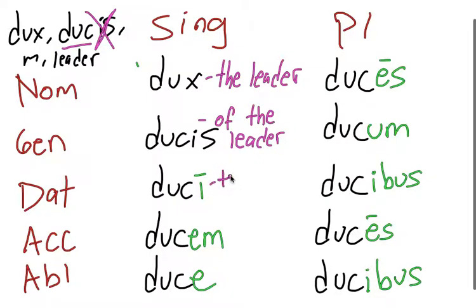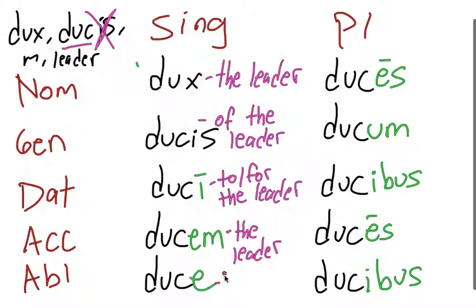Dative duci would be to or for the leader. Ducem would be the leader. And then duce ablative would be by or with or from, or insert random preposition that takes the ablative, the leader.